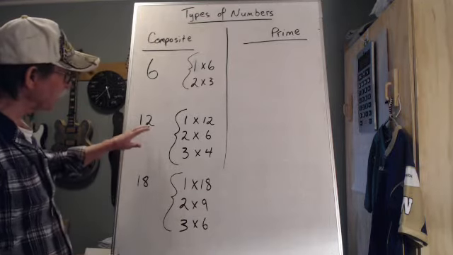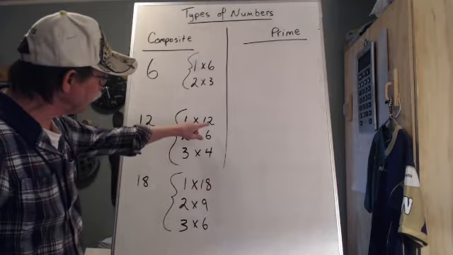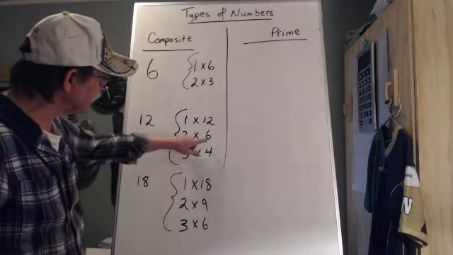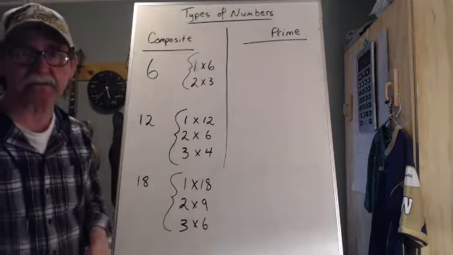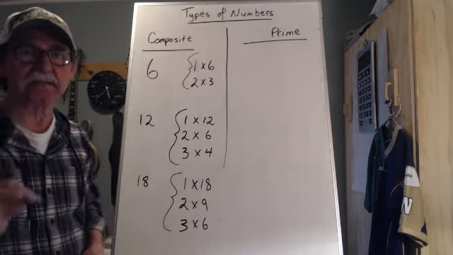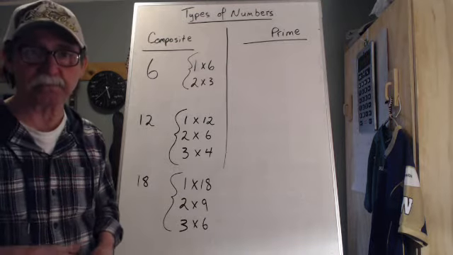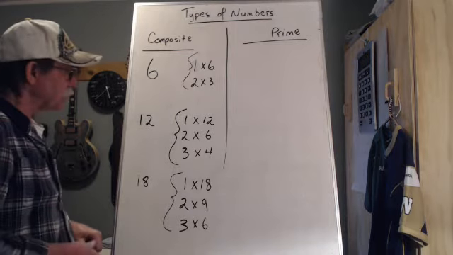Same with 12. What are the factors of 12? Well, it's 1, 12, 2, 6, 3, and 4. So if you go onto a calculator and you say, what's 12 divided by 4? Well, you're going to get a nice whole number. Okay, so those are called composite numbers.